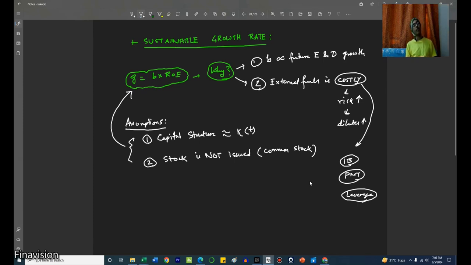If you are issuing equity, then you are diluting it, obviously diluting the stake of equity stakeholders. So these are the basic ways to understand why we use this expression as a sustainable growth rate, a simple expression for sustainable growth rate. Now we will try to delve a little deeper into this expression.